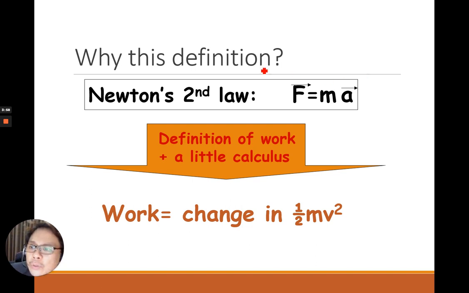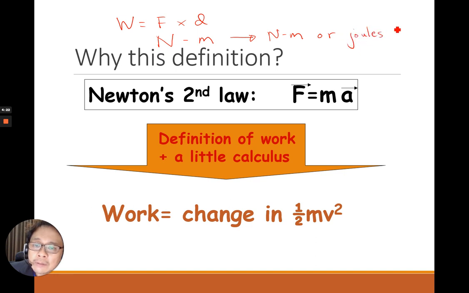So what would be the unit of work? Let's go back to the equation. W is F times d. In the MKS system, if force is in newtons and displacement is in meters, this would be newton meter. And we have a special name for newton meter, that would be joules, and we capitalize the letter J when we abbreviate it.